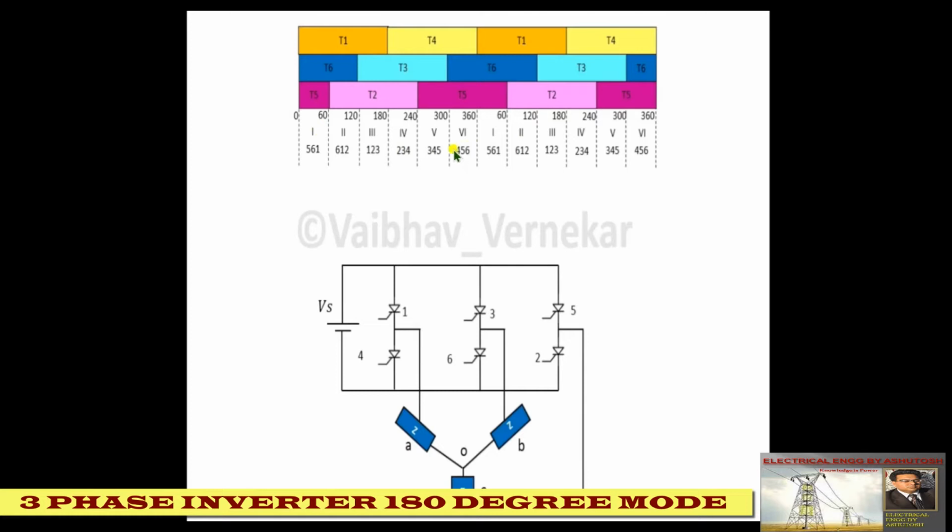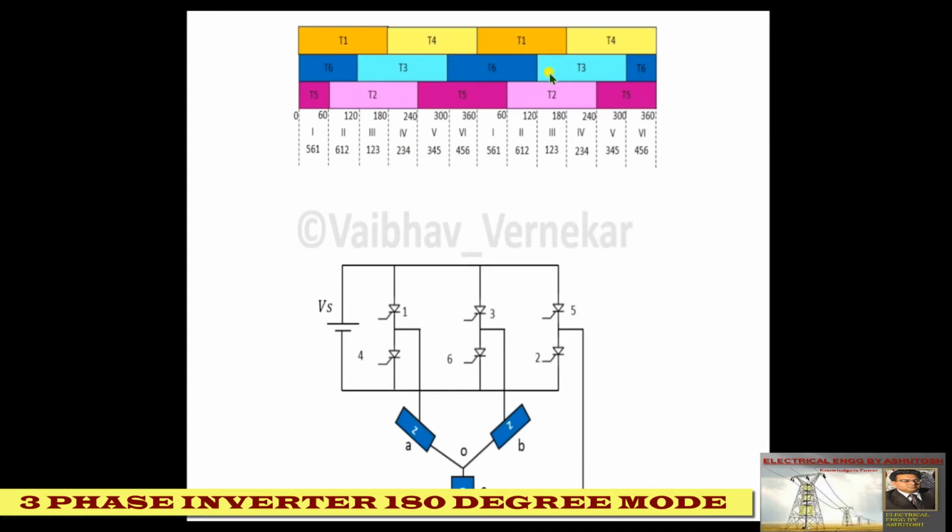There will be a total of 6 phases. The cycle starts from 0 degree and ends at 360 degree, and then it is repeated again. These cycles are divided into 6 parts. This is our first leg where T1 and T4 operate, and in the blue color you can see the 6 and 3 thyristors, or IGBTs.